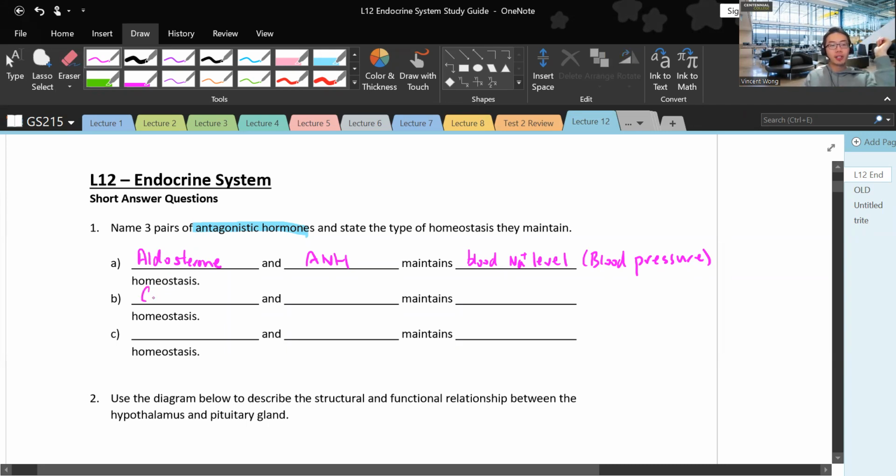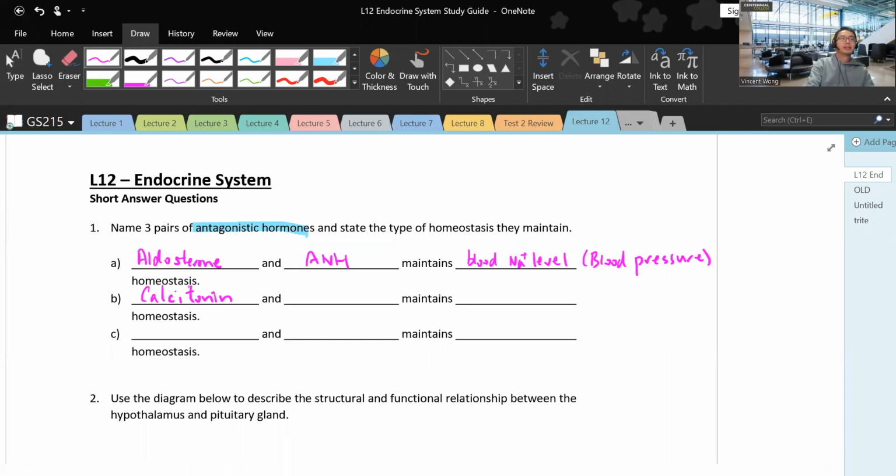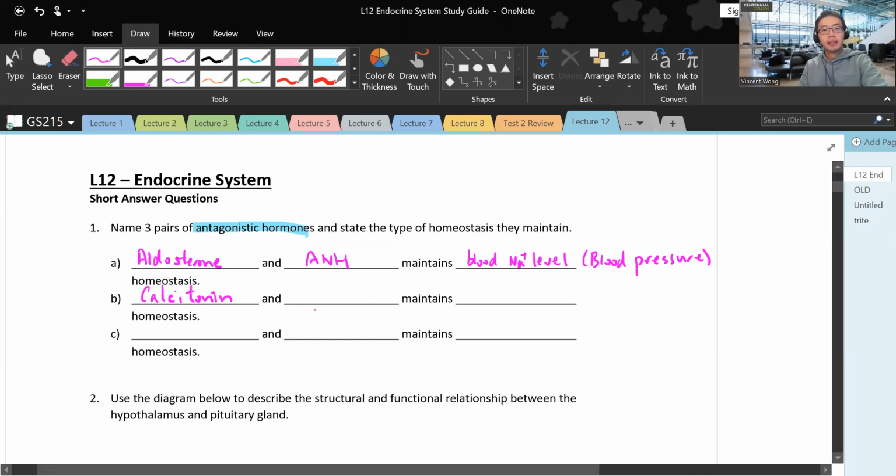And that one is calcitonin, okay? Calcitonin. And anybody know what the antagonistic hormone is for calcitonin? That's okay. So the other one is PTH, the parathyroid hormone, which will help bring calcium level back up when it's low. Okay, and together they maintain blood calcium level.